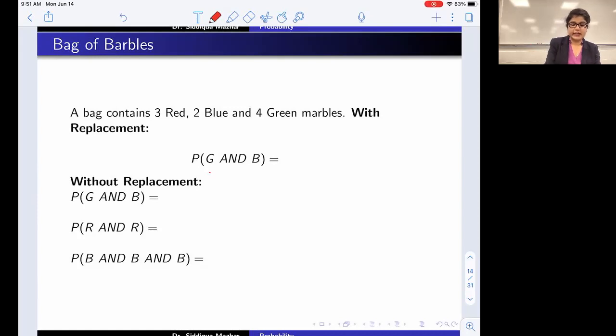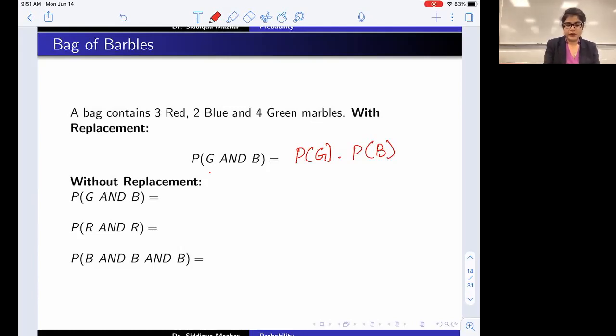Because these are independent events, you are looking for the probability of a green ball multiplied by the probability of a blue ball, because this has nothing to do with the first experiment. With replacement, you are putting the ball back into the bag of marbles.